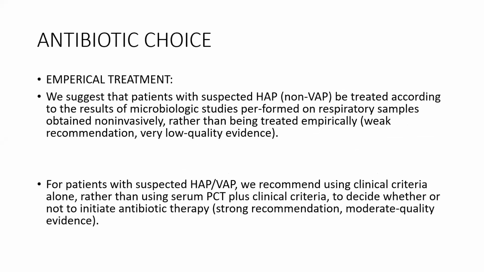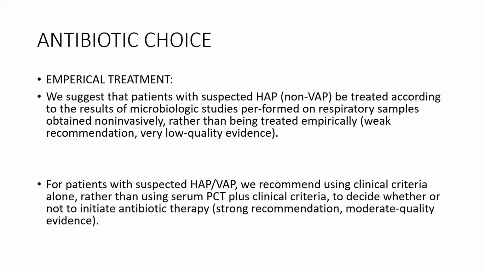So we'll take a look at the HAP guide. In terms of antibiotic choices, the suggestion is that any patient with HAP should be treated. The best treatment guide is the lab results that we get from the cultures, and we cannot underscore this. I think this is the most important step in treatment of HAP.